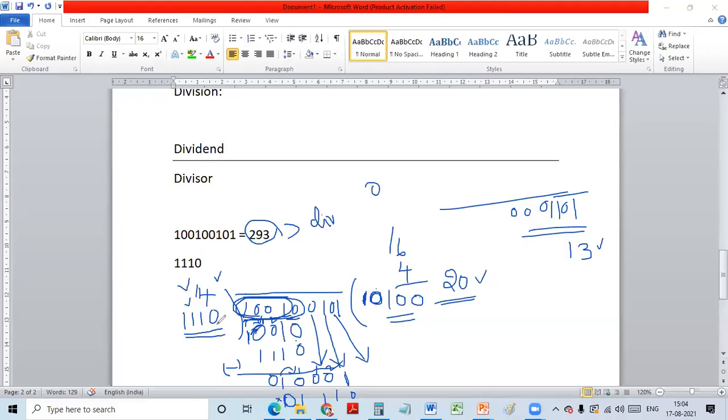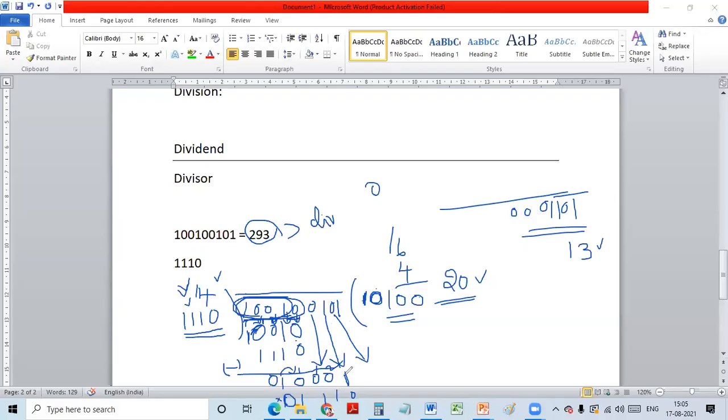How has the divisor to be placed? It has to be placed right shifted by one bit, so that the bit to bit alignment will happen. So the divisor has to be shifted, and then it has to perform the division. After performing the subtraction, you need to take the next digit and again check how many times it is going.